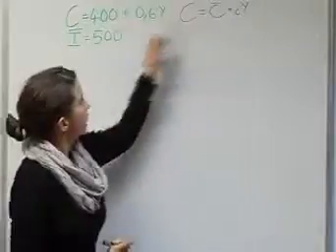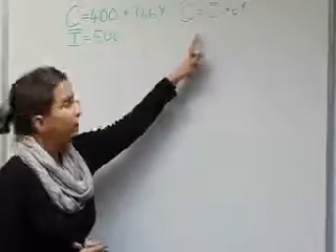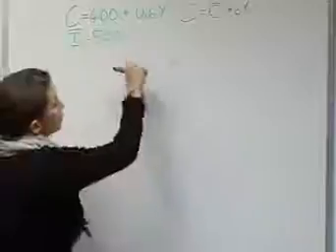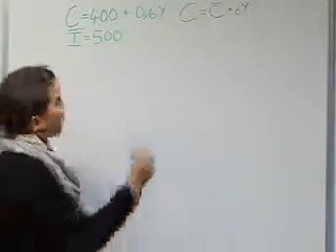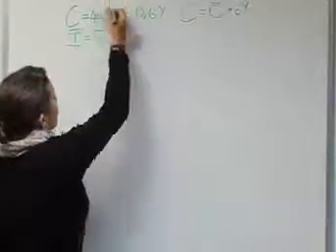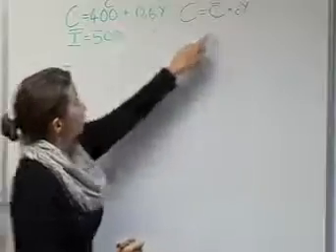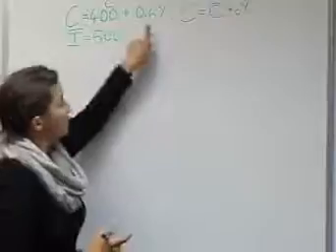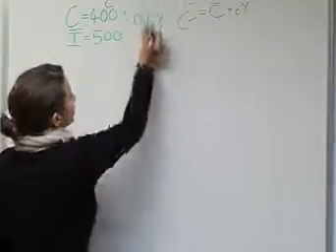And you'll see these two have the same format. So we know this 400 is equal to your autonomous consumption plus your marginal propensity to consume times y. So we know this is small c.